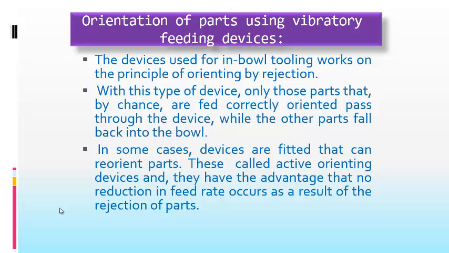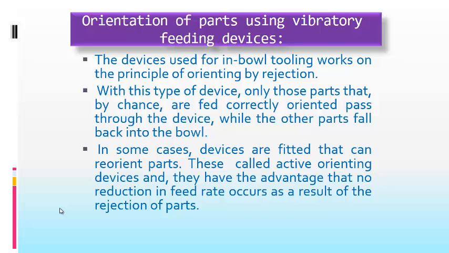If we say that a feeder which can feed 50 millimeters per second is going to reject 80% of the parts and only 20% of the parts will go through, that means it is going to feed 10 millimeters per second.